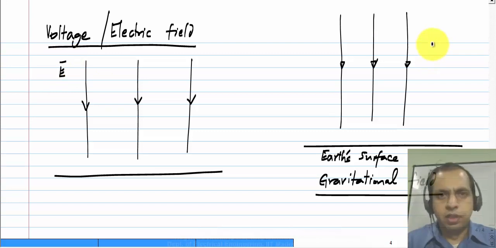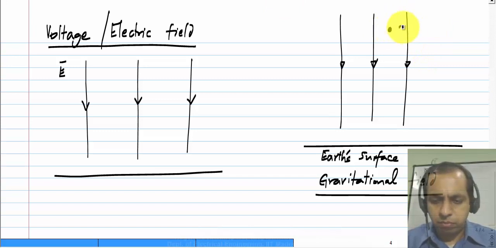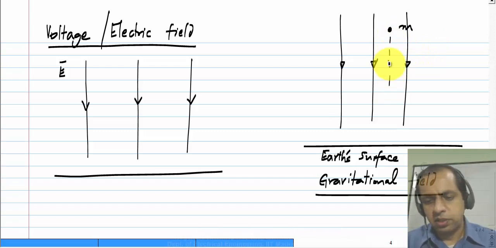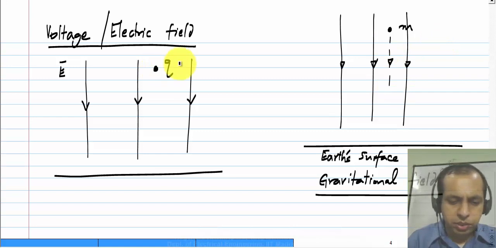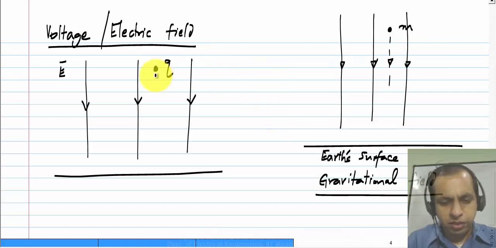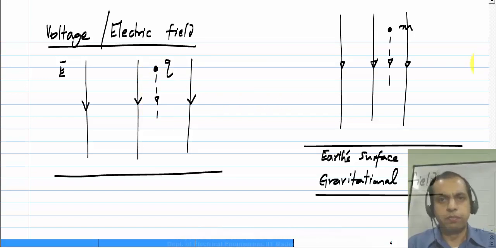Now we know that if we place a mass m in a gravitational field, it falls, since the field accelerates it in the direction of the field. Okay. So similarly, if you place a charge q in an electric field, it will be accelerated in the direction of the electric field.